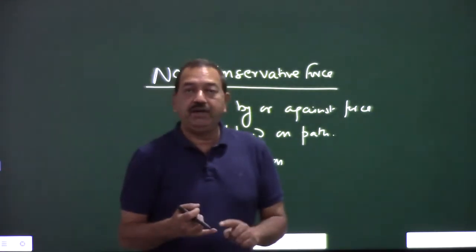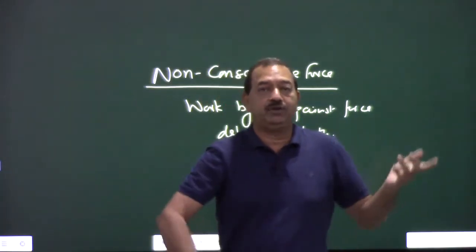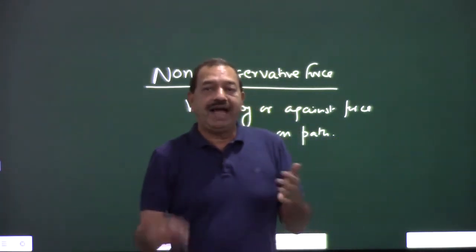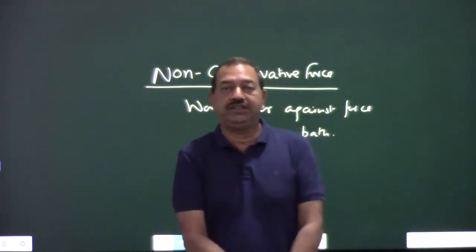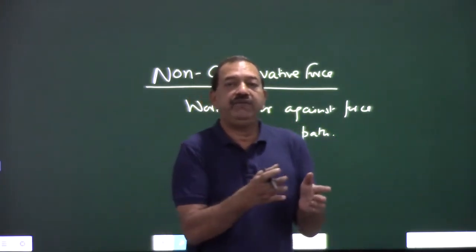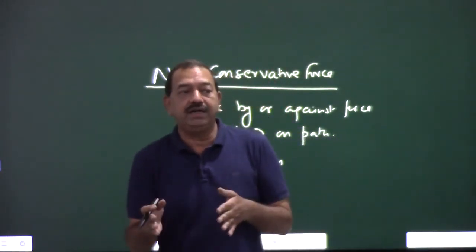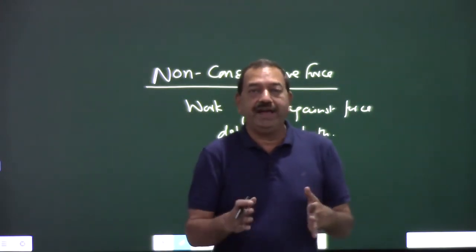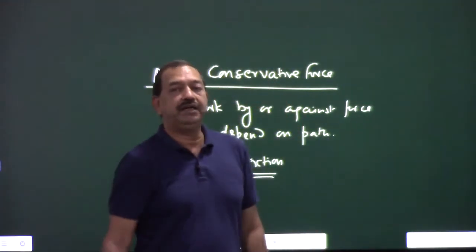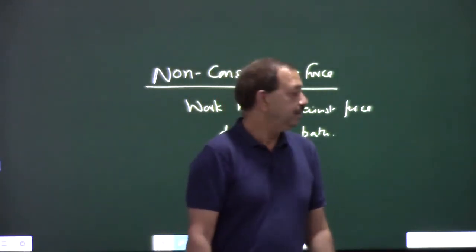Direction of friction depends on direction of motion, because direction of friction is always opposite to direction of motion. So as the direction of motion keeps on changing, the direction of friction force is also changing. So friction is a non-conservative force, and in non-conservative force work depends on path, right? So that's why in gravity work done does not depend on path. Hope this is clear to you.